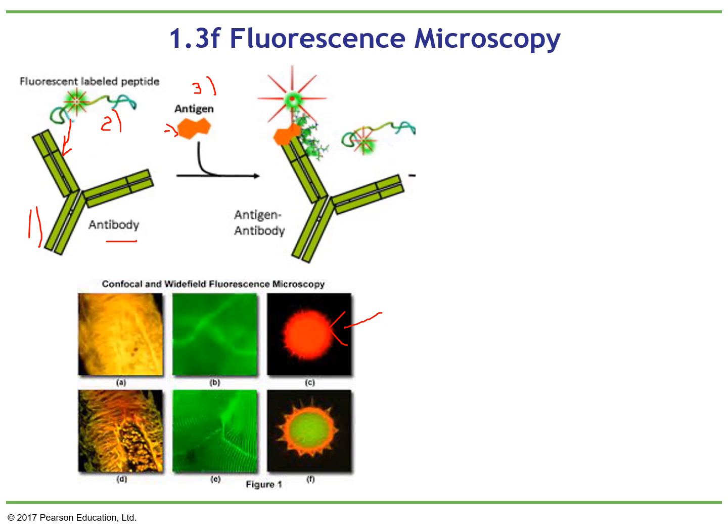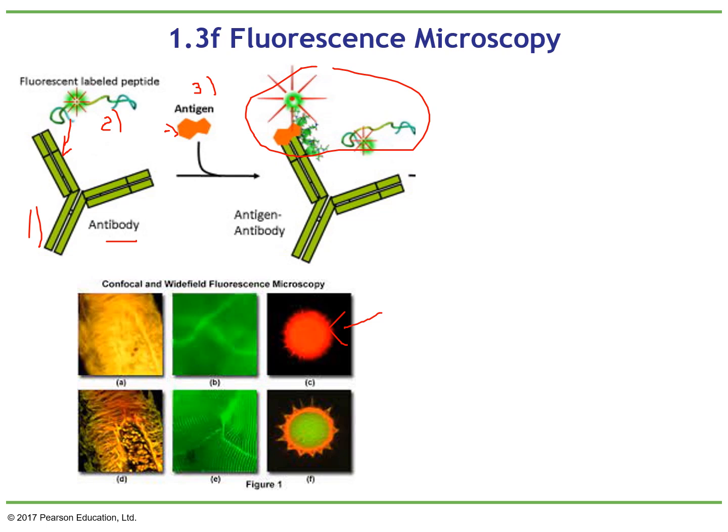And when you create those links, then you put it in the sample, in the cell, and the antigen is always going to attach to the antibody. So as a result, these three molecules will be together inside of the cell. The fluorescent molecule is already attached to the antibody, and when it finds that specific complementary antigen, they are going to attach.